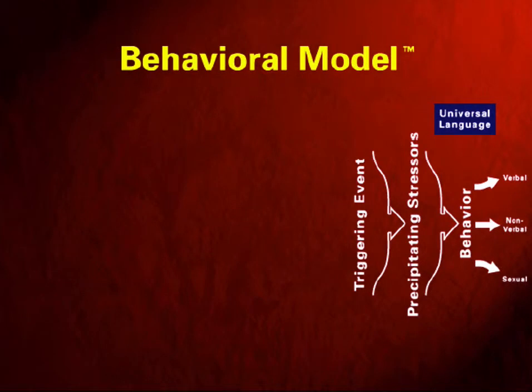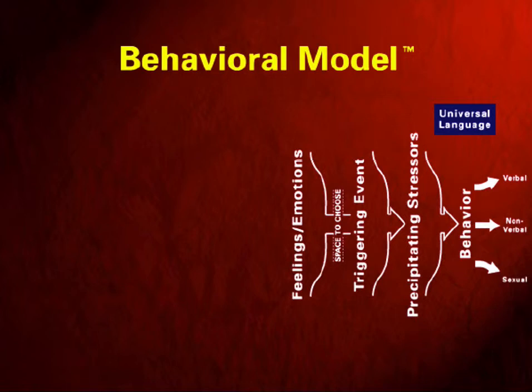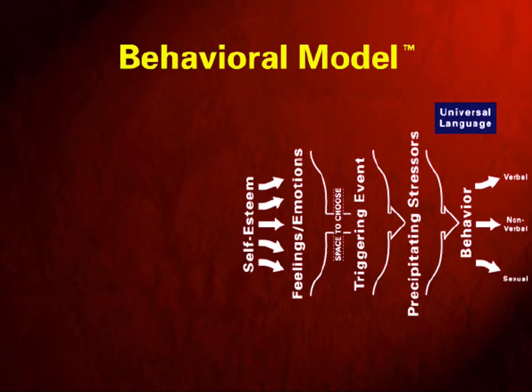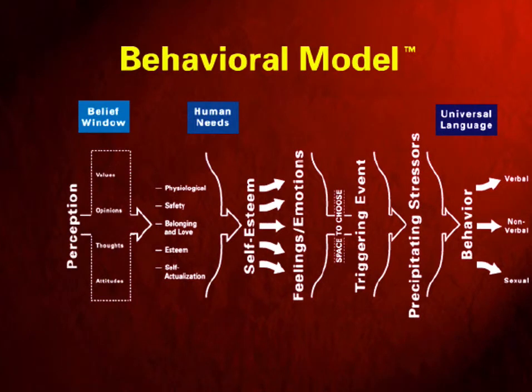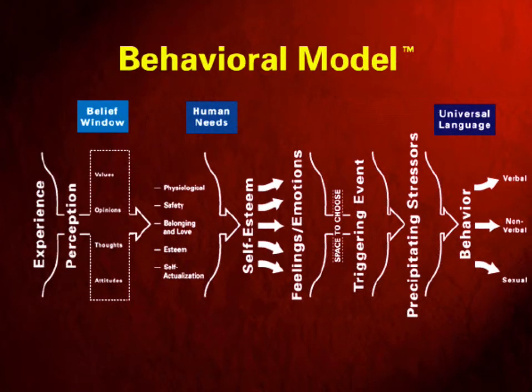Those precipitating stressors can be triggered by events that are happening in our lives, and those events and triggers are compelled by our feelings and emotions, which become a part of our self-esteem and then fit within Maslow's hierarchy of needs of where we stand and into our personal perceptions and belief window.